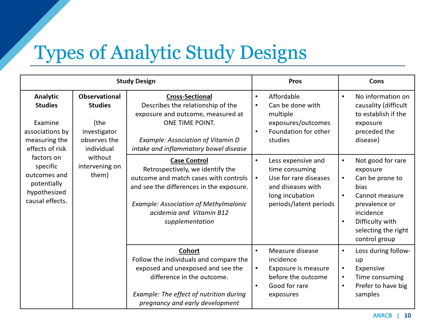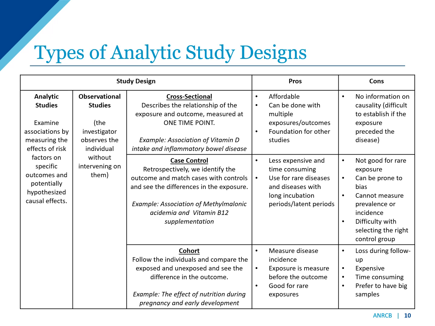In case control studies, we identify individuals with a particular outcome or disease who are the cases. We match them with controls who do not have the disease, and then we retrospectively go back and look at differences in the exposure or exposures in the cases and controls.